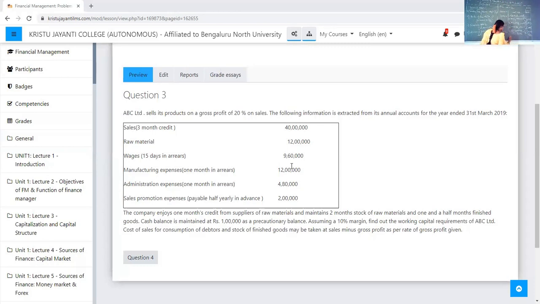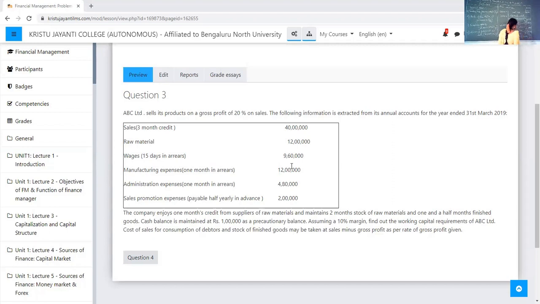Do we have any contingencies to add? What have they told? Margin of 10%, isn't it? So on 13,20,000, we will have a margin of 10%. Yes, assuming a 10% margin. So 1,32,000.